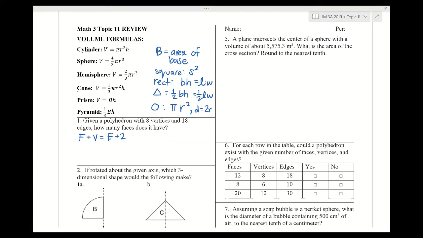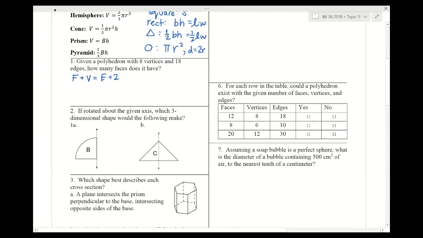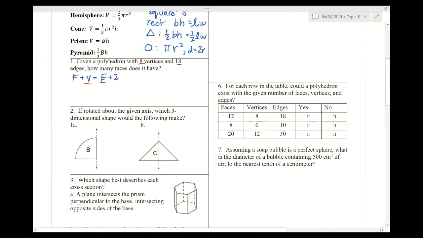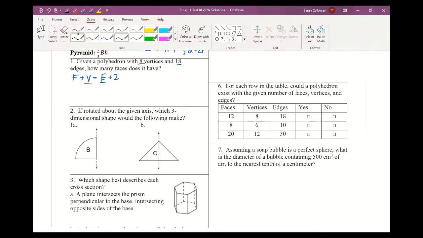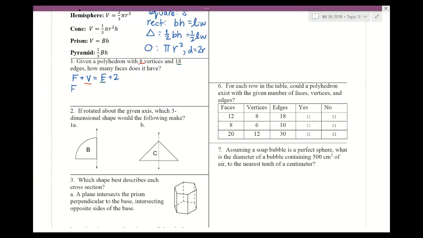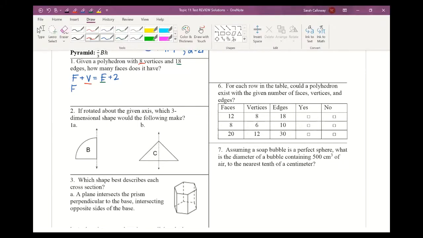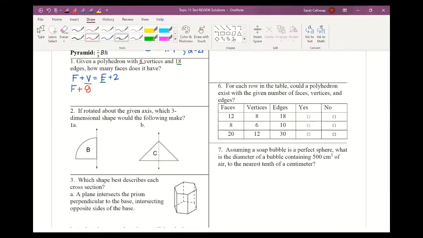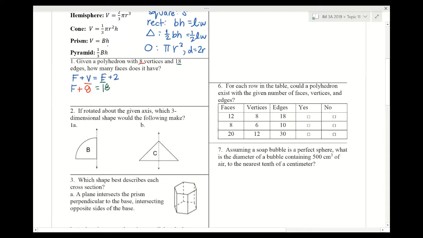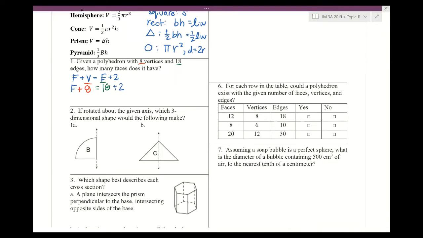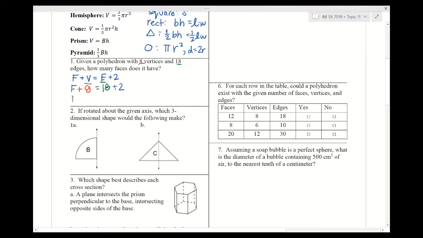For question 1, we're given a polyhedron with 8 vertices and 18 edges. We plug in 8 for vertices and 18 for edges, and solve for faces. So F plus 8 is equal to 18 plus 2, which gives us F plus 8 equals 20.